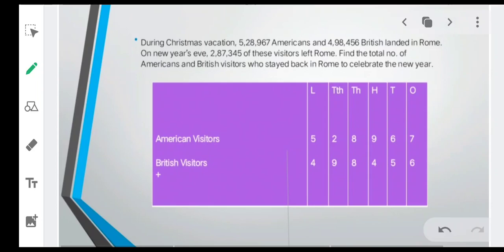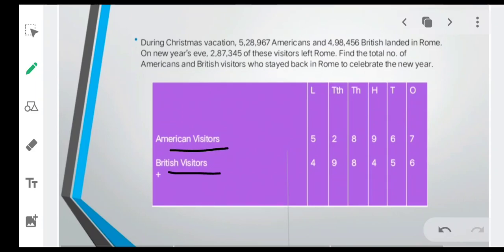Students, first understand: during Christmas vacation, how many Americans and British landed in Rome? When we first add these, we know how many total visitors landed in Rome. Okay, first I write the American visitors and British.